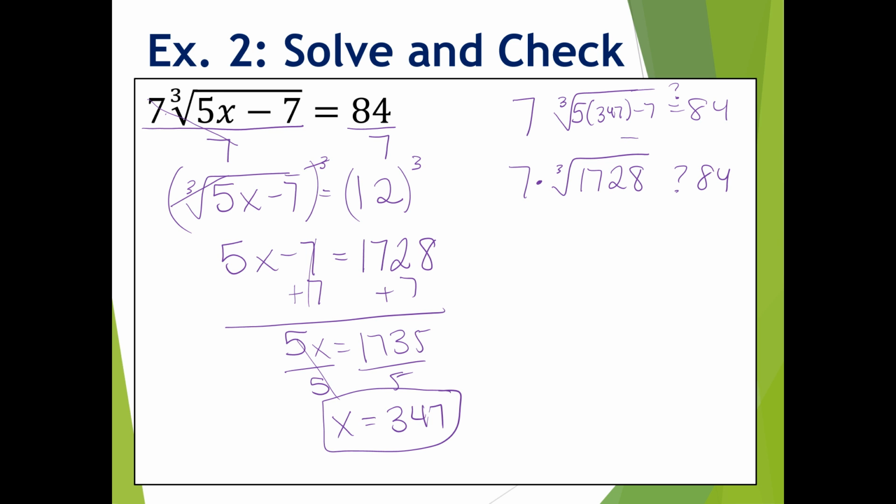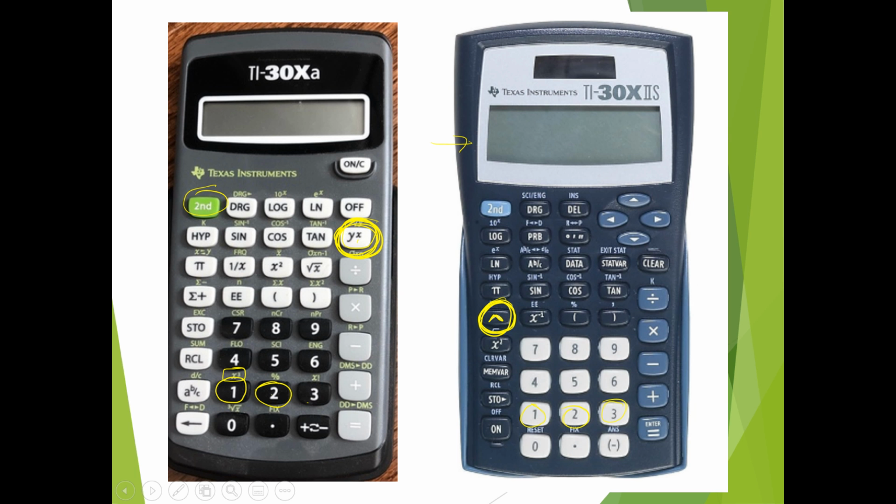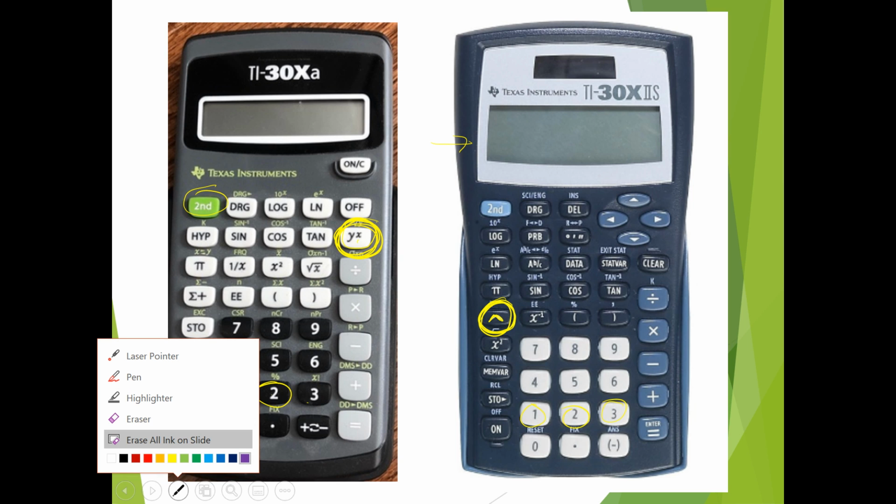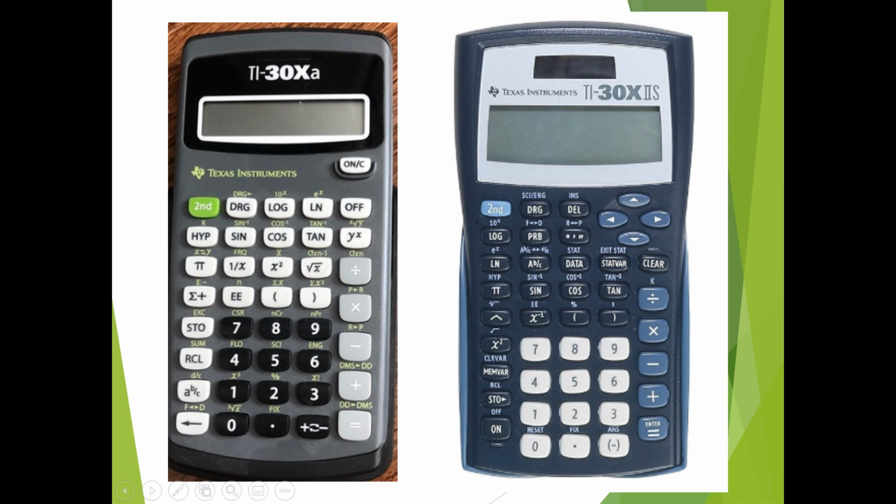So what we need to find now is how do we do the cube root of 1728? Let's go back to our calculator slide here. Okay, so in our calculator slide, let's erase this ink here for a second. When we're looking to find a cube root of something, so not something cubed, but the cube root of something, you have, again, a couple of choices.